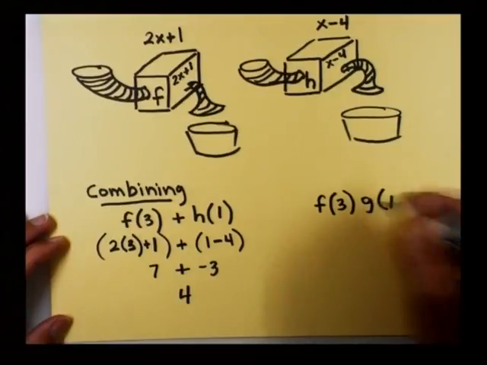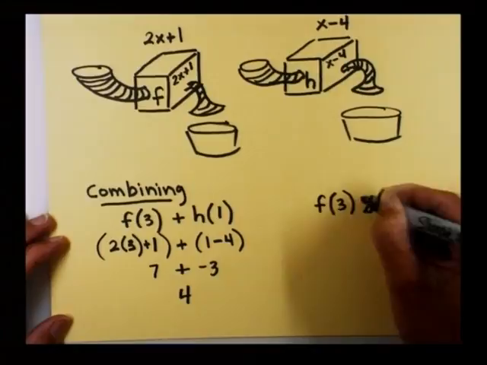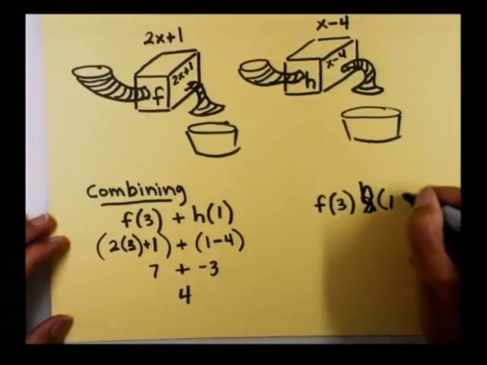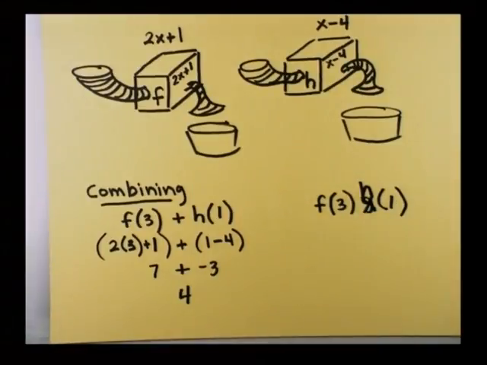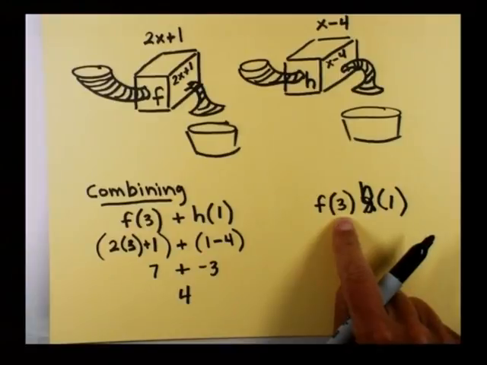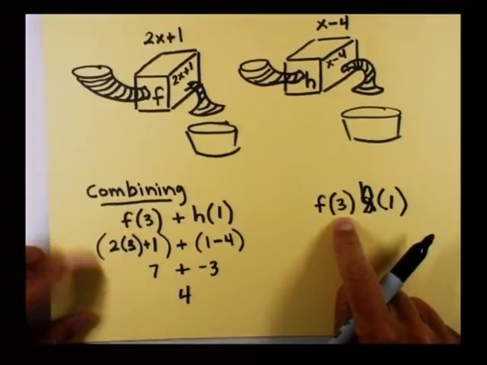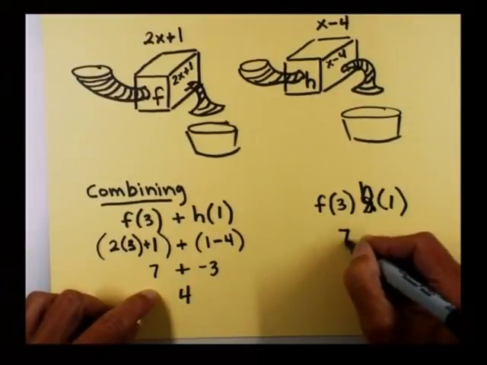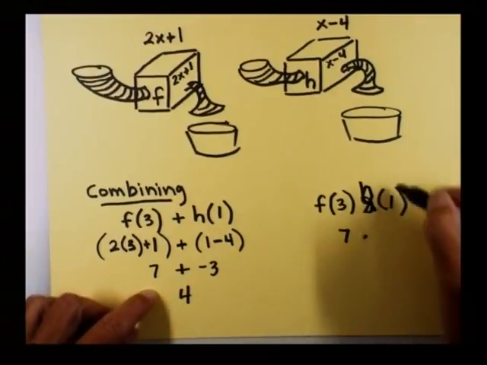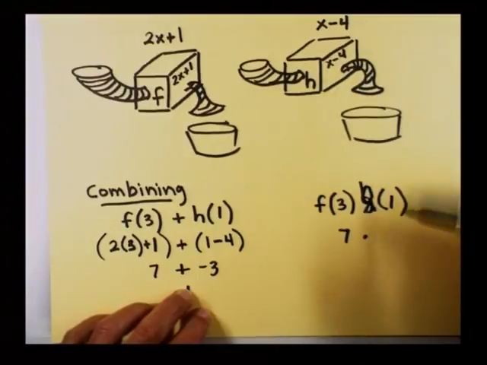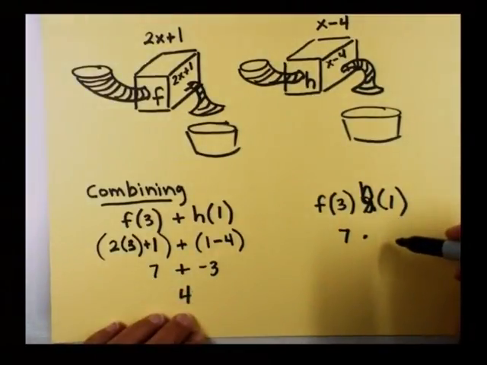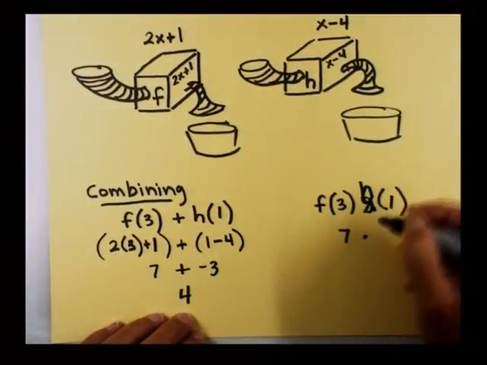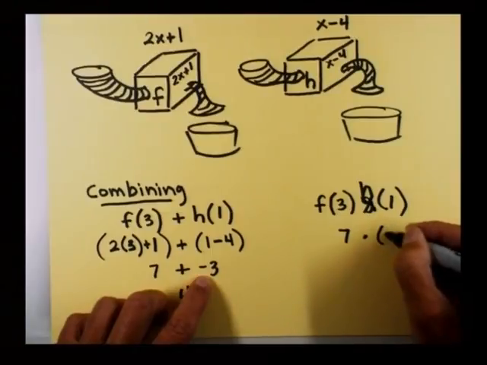So I'm taking the 3, plugging it into my F machine. My answer was a 7. I've already done the work on that. And I'm going to multiply it times my answer from the H function. When I put in the 1, I got out a negative 3.